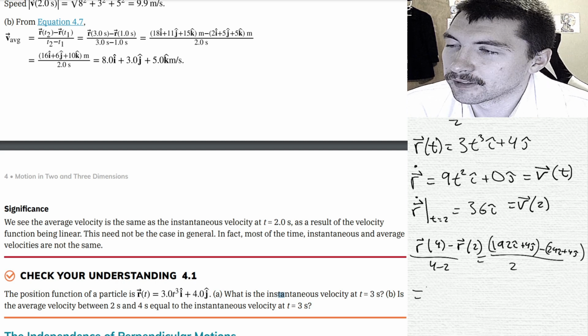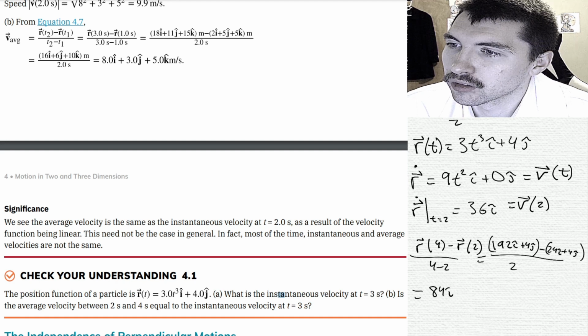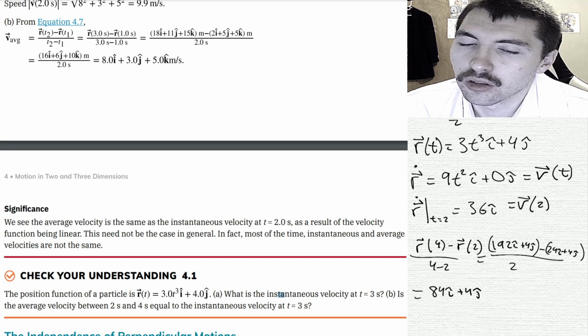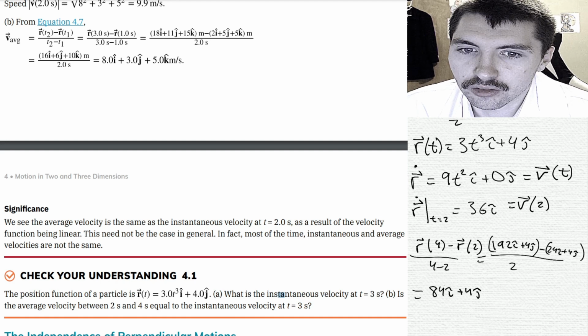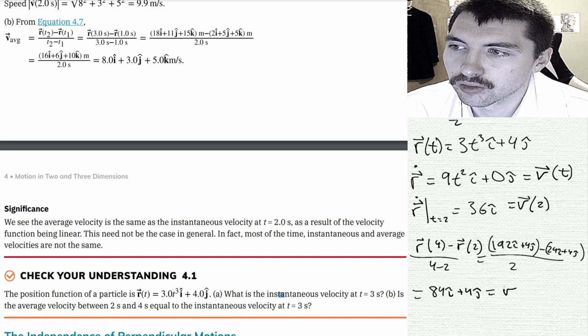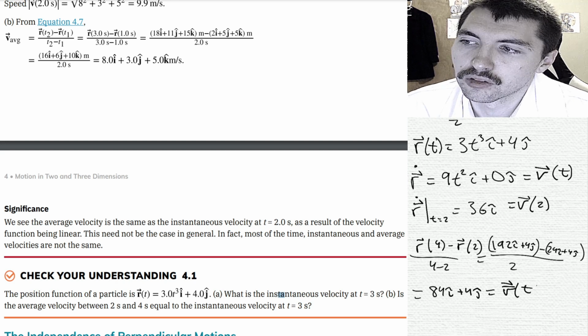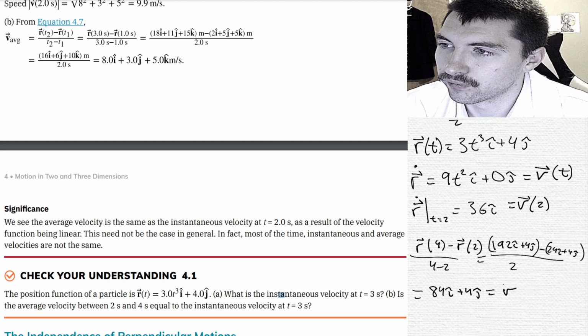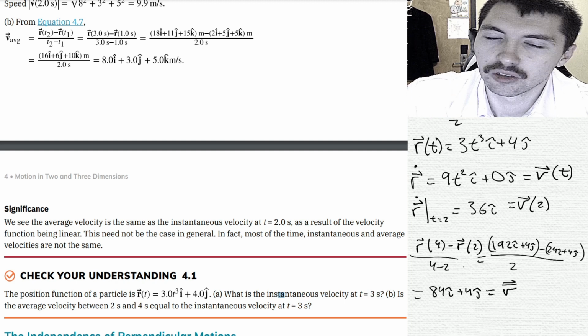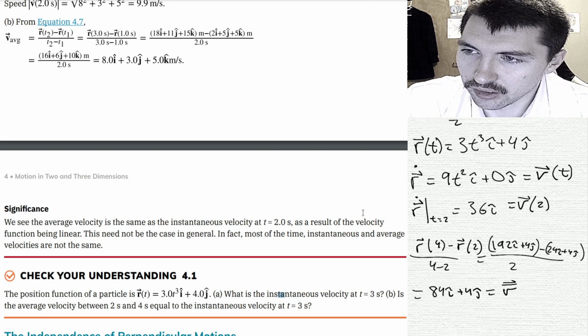Okay, so that's going to be 192 minus 24, 168, divided by 2 is 84 I plus 4J. So the average velocity is 84I plus 4J.